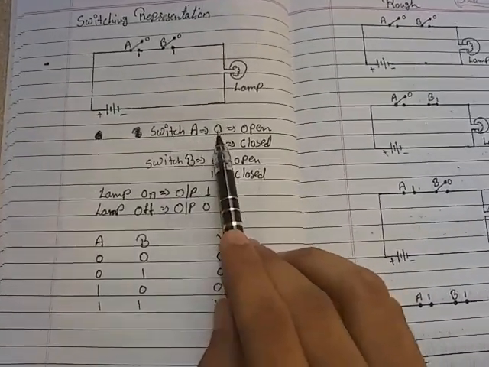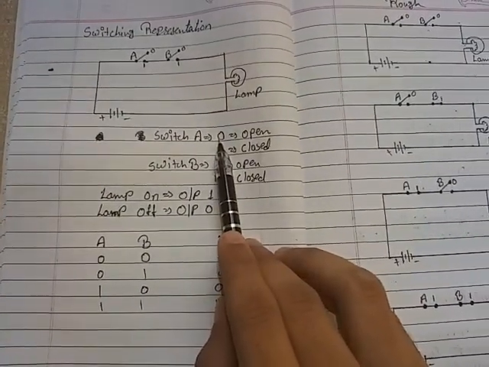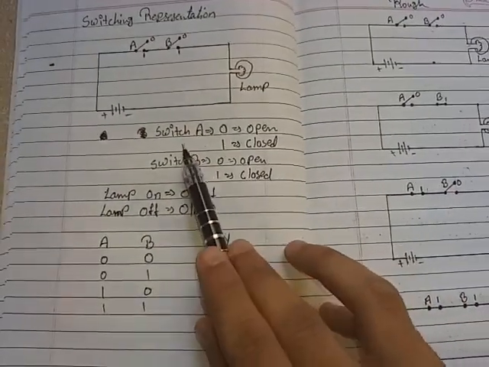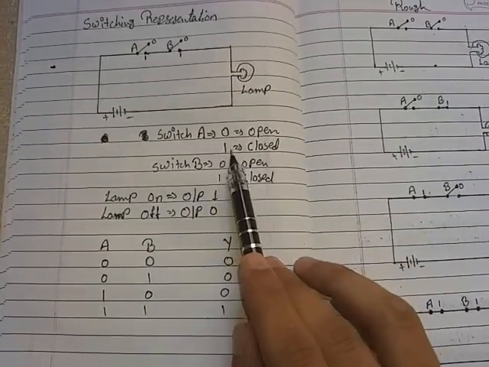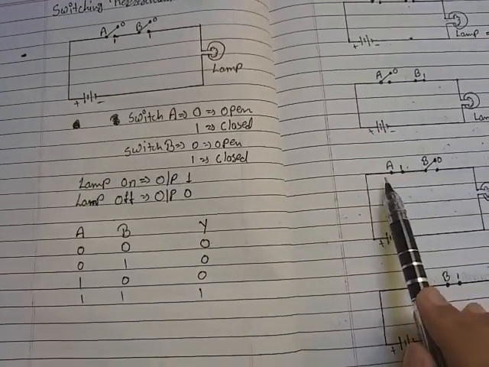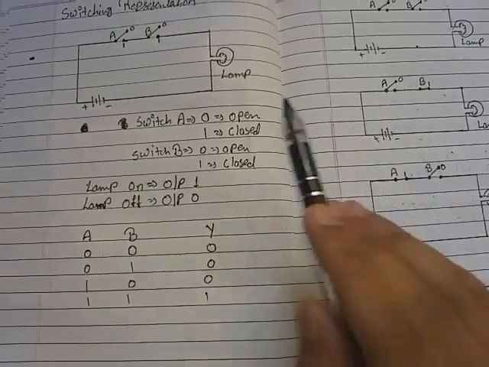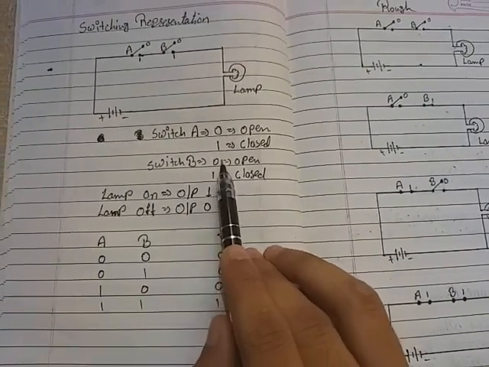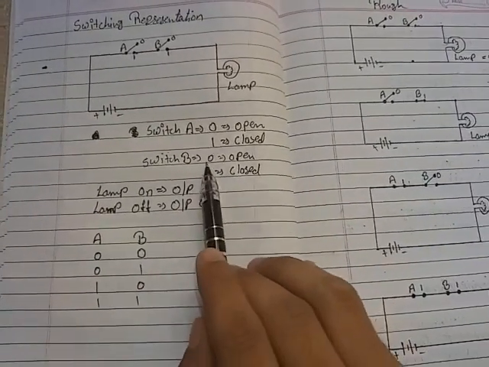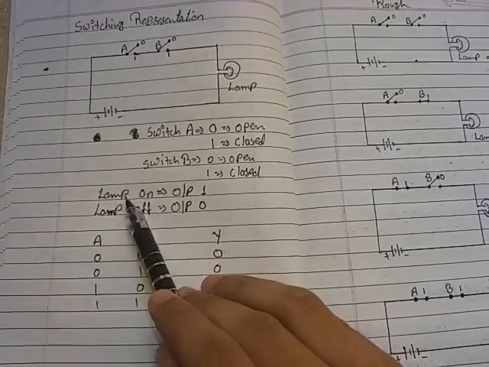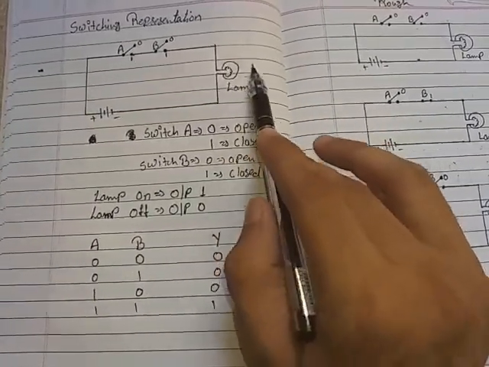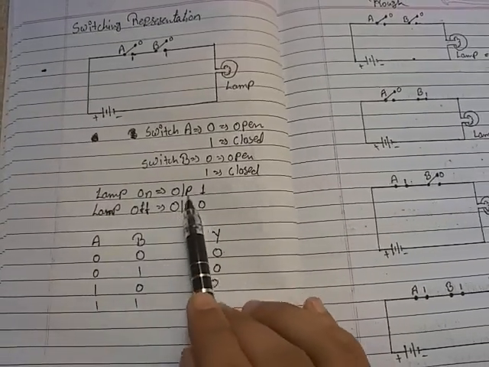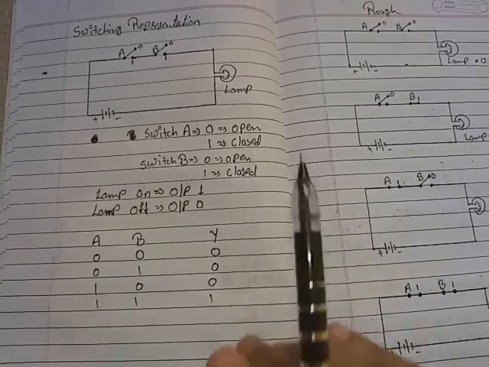Switch A will be open when it is at binary 0 and closed when its value is binary 1. Similarly, switch B will be open when its value is binary 0 and closed at binary 1. Lamp will be on when its output is 1 and off when its output is 0.